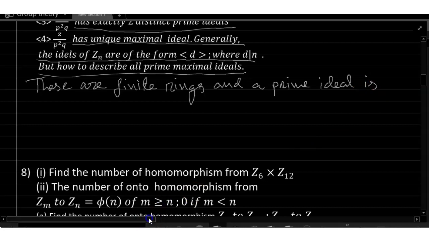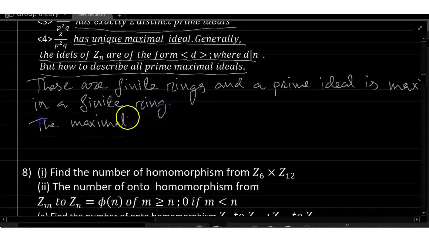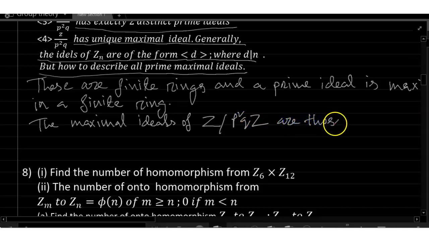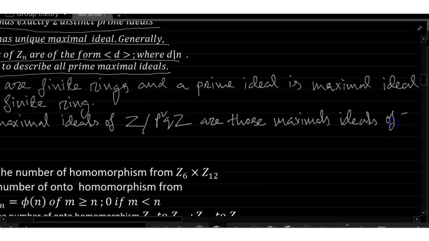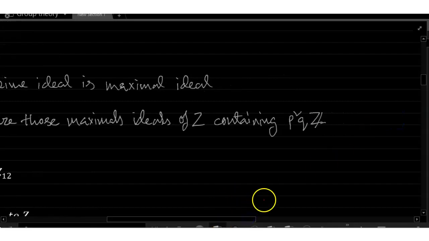Friends, I have already told that in a finite ring, prime ideals are maximal. The maximal ideals of Z divided by p squared q are those maximal ideals of Z containing p squared q.